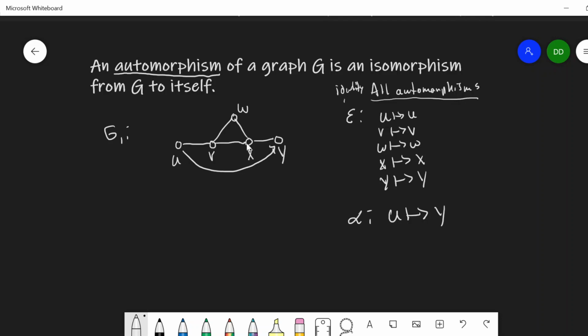And remember, an isomorphism has to preserve the degree of the vertex. So I can send U to Y. I'll delete the arrow because I don't want this to appear like a digraph. And since U and Y are the only vertices of degree 1, Y also has to be sent to U.